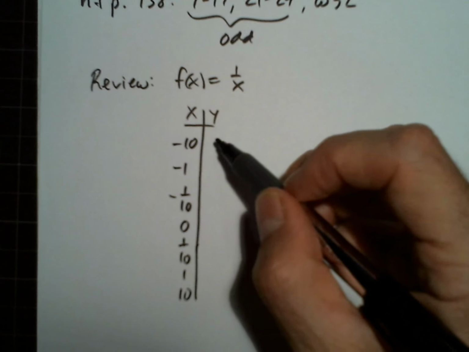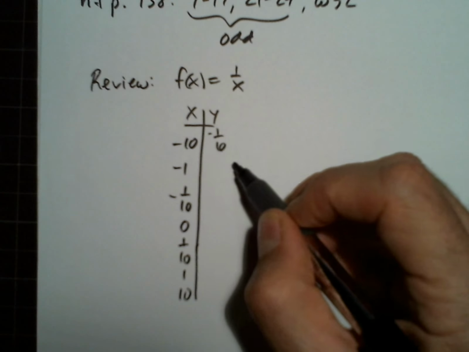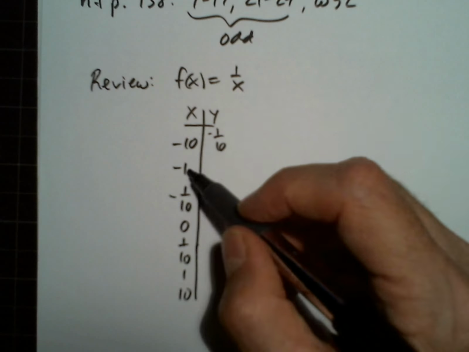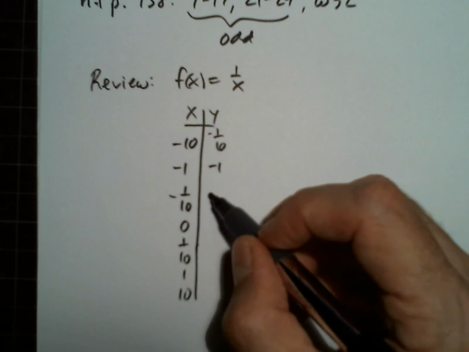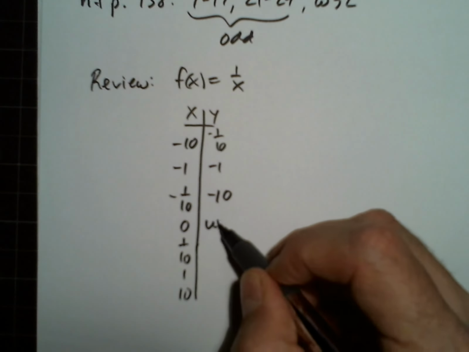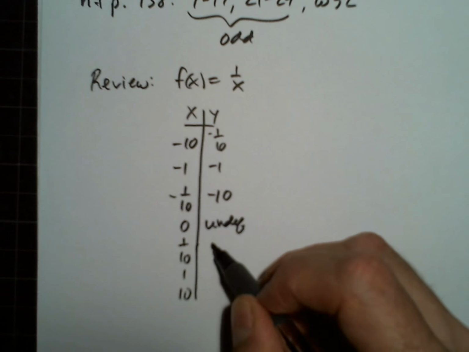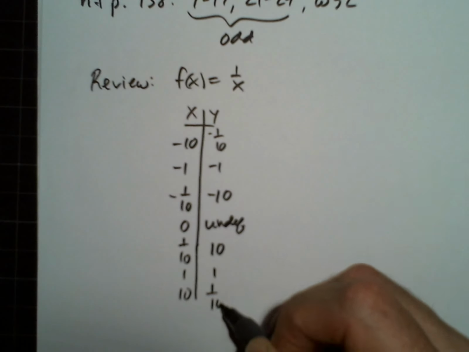So if we go 1 over x, that'll be 1 over 10, negative 1 over 10, 1 over negative 1. Now we go 1 over 1/10, which is going to be 10, and 1 over 0, undefined, 10, 1, 1/10.